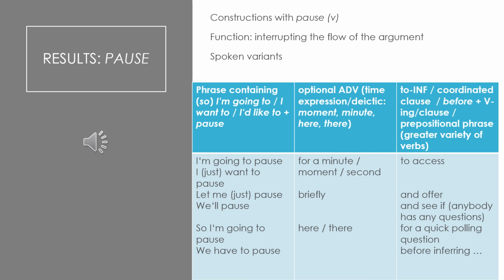So I'm going to pause here for a quick polling question. But of course, it's not impossible that we'd also find these clause endings in writing. We just haven't got any evidence in our corpus.